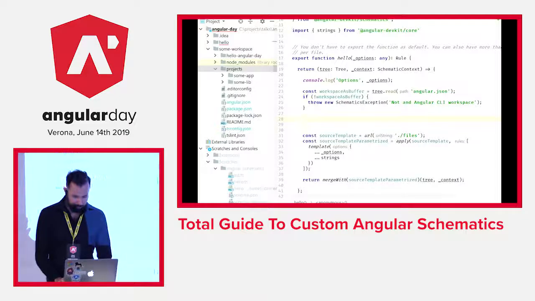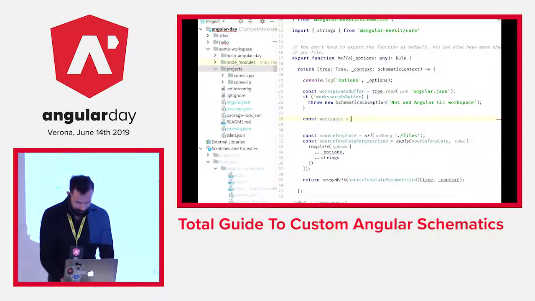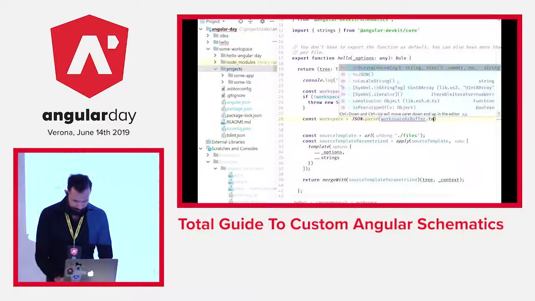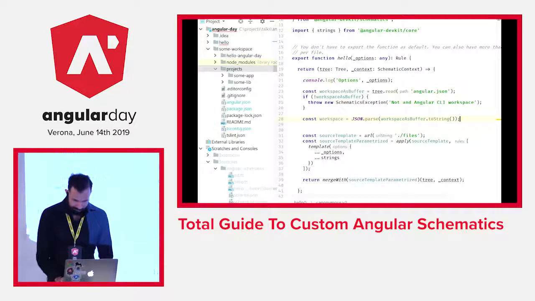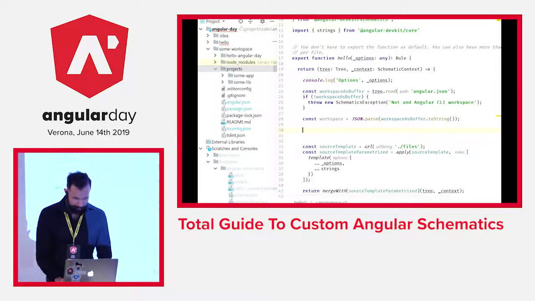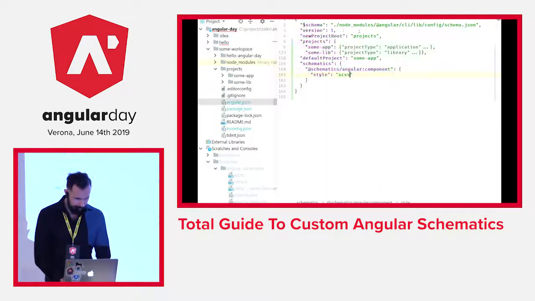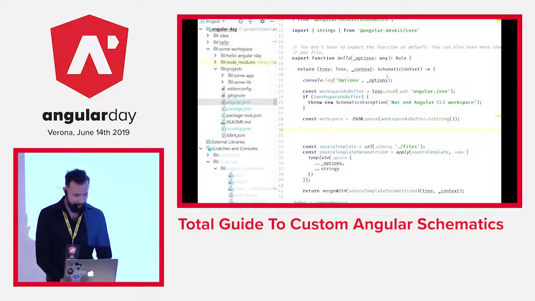Then we have to get this workspace as a real JavaScript object so we can access its properties. So we say const workspace is JSON.parse of workspace buffer toString. All right. So now we have a workspace. Just to remember, that's basically this angular.json file. So we are interested in the default project and then the project itself.